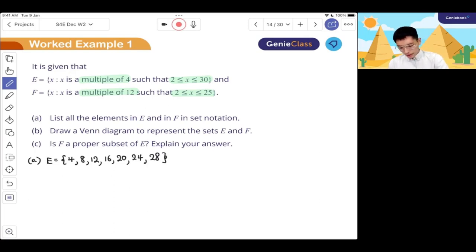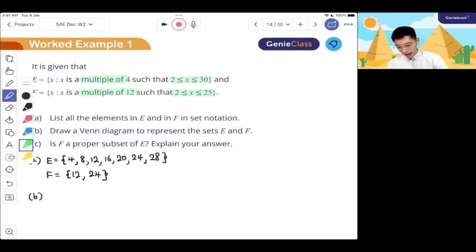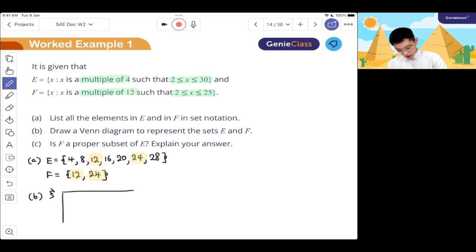Okay, and now if I look at F, it's a multiple of 12. It's just going to be 12 and 24. So if you realize over here, based on these two sets, aha, F is going to be contained in E because I have these two common things. So if you were to draw my Venn diagram, it's going to be like this, where E is going to be my bigger set.